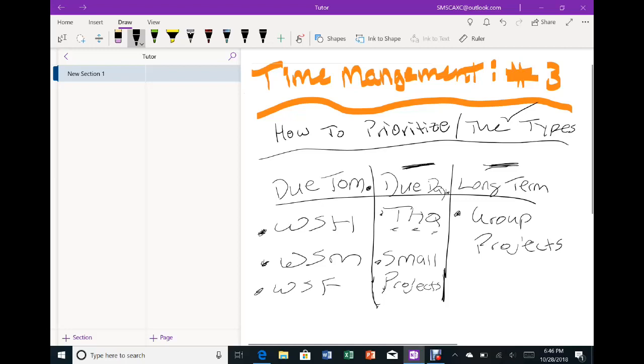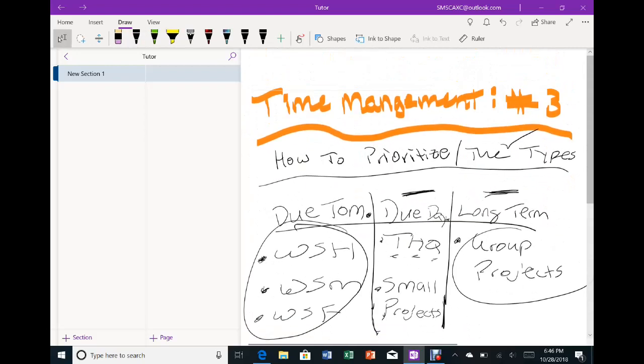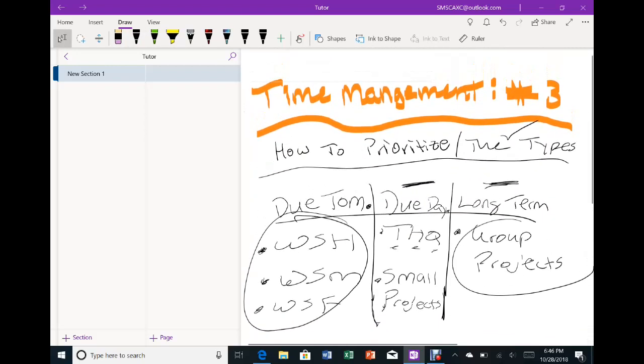So those are the two ways that you're going to need to kind of break down your assignments when you get home so that you understand what you have to get done and how important it is and what it is that you need to get done. Now, obviously, although it doesn't sound like a worksheet would take priority over a group project, since it's due tomorrow or the next day, you need to have it done and you cannot put it off.